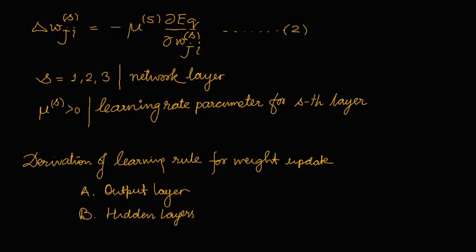So due to this, we will have the derivation of the learning rule or weight update in two separate ways, one for the output layer and the other for hidden layers. That we'll discuss in the next lecture. Thank you.